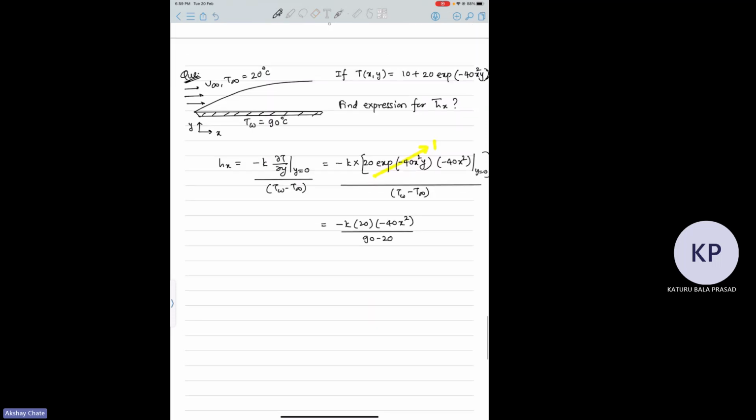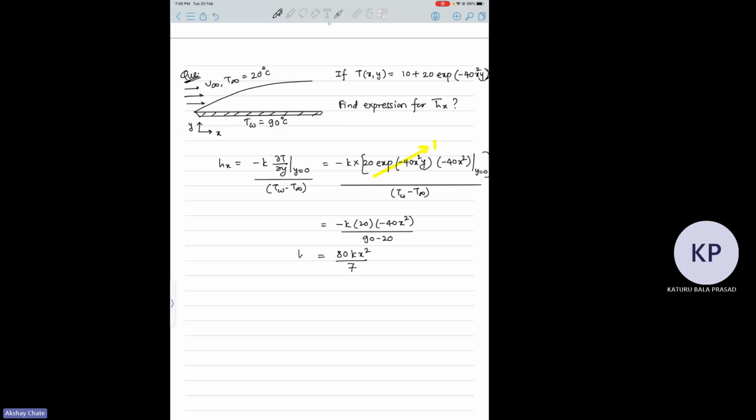So if you simplify, you will get 80 by 7, something like that, no? So 80 k x square by 7.